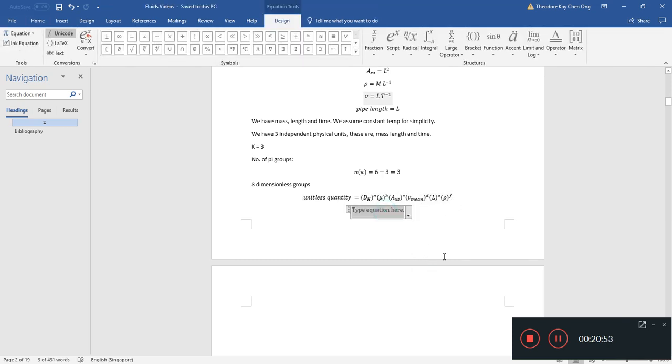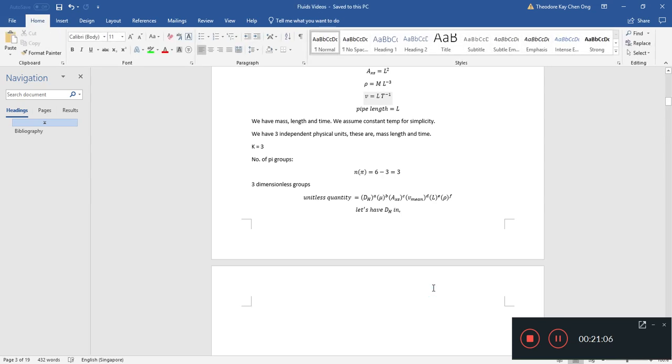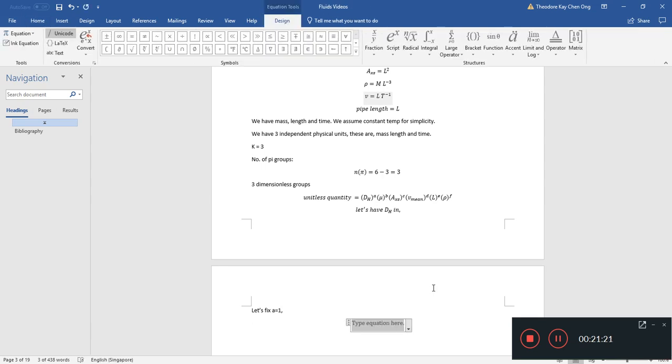Alright, so let's put d_h in. Now you can have a equals 1, 2, 3, 4, and so on, but we'll have a simple one. Let's fix a equals 1. So we have some unitless quantity equals d_h. That's just d_h.